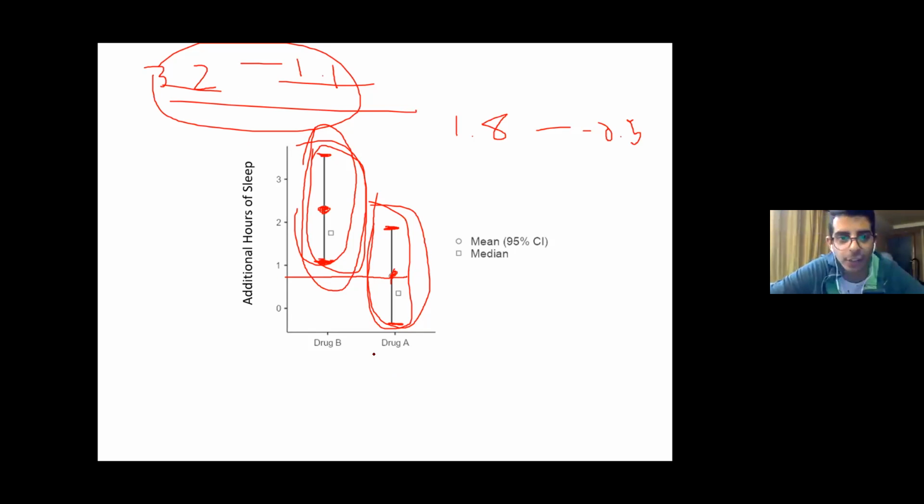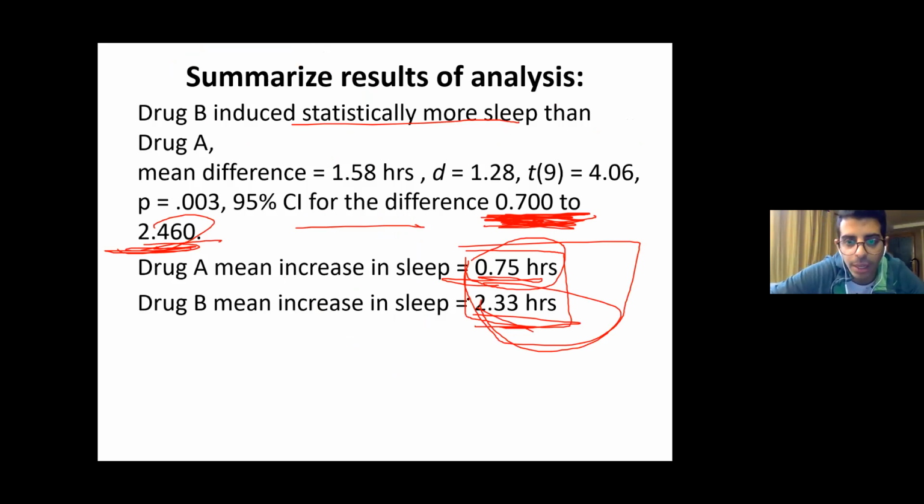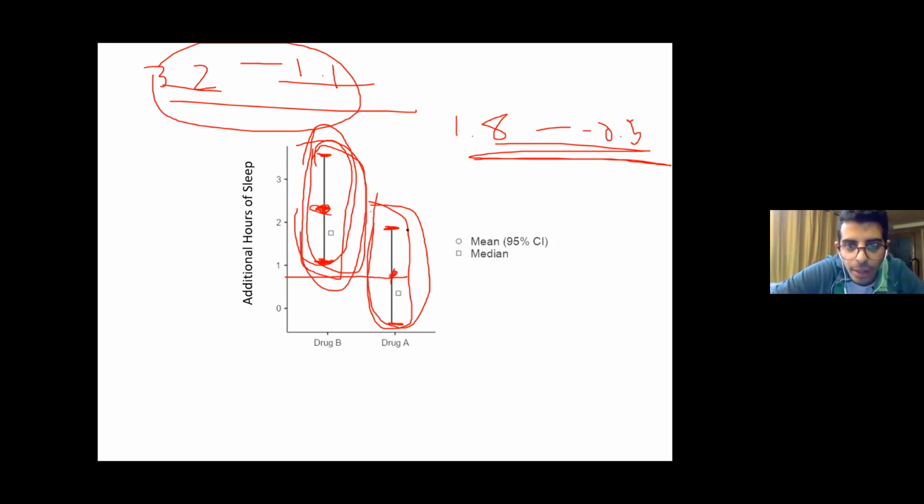No, so it's significant. So we're sure that drug B is statistically significant when compared to drug A. And this one is 2.33, the mean that we found here, the mean that is also here. Is it included within the interval? No, so we also can say that drug A is statistically significant when compared to drug B.